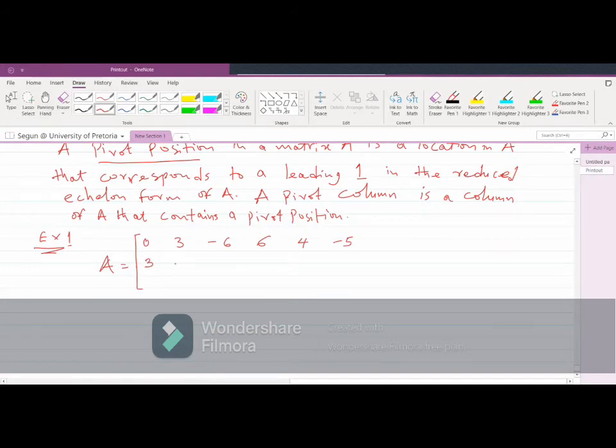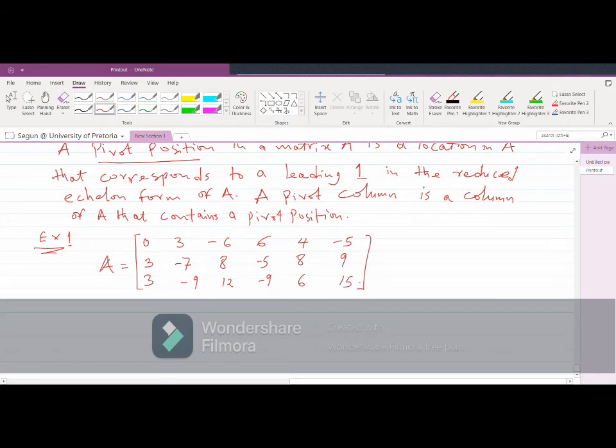Another row says 3, minus 7, 8, minus 5, 8, 9. The last one says 3, minus 9, 12, minus 9, 6, 15.